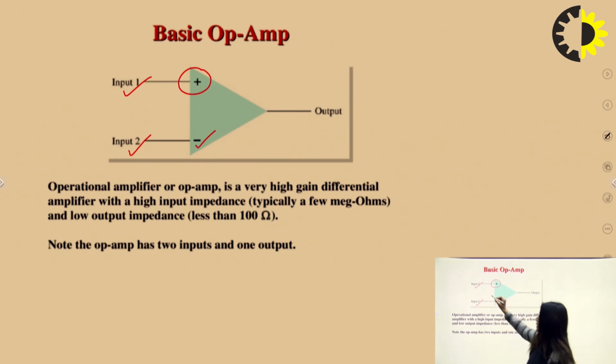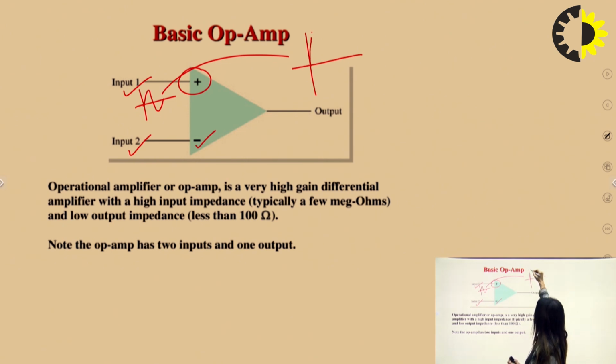If I give a waveform like this, and it gets amplified by the Opamp, the output would be amplified but in the same phase, right?